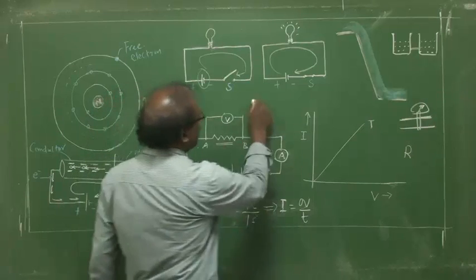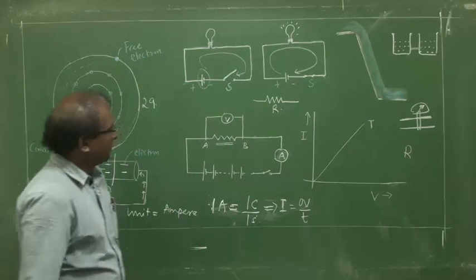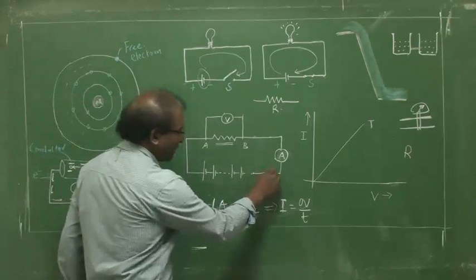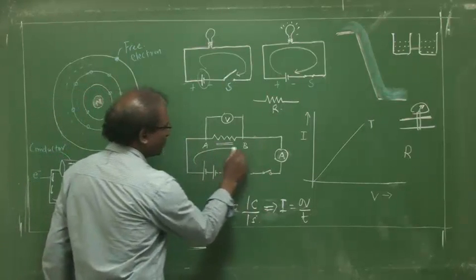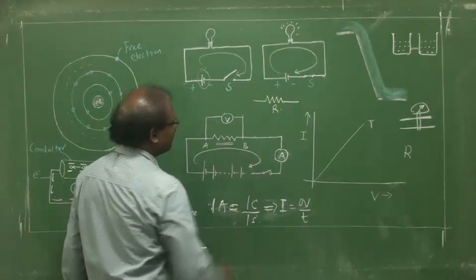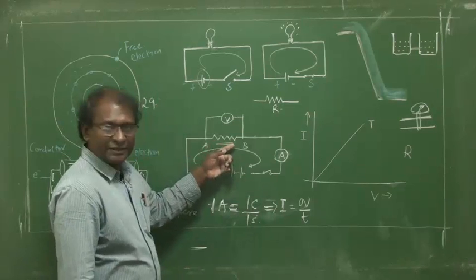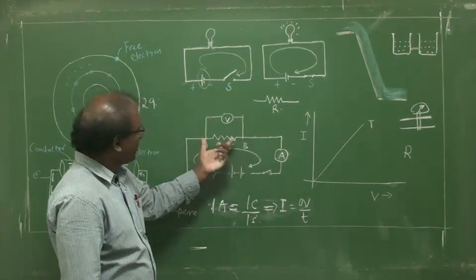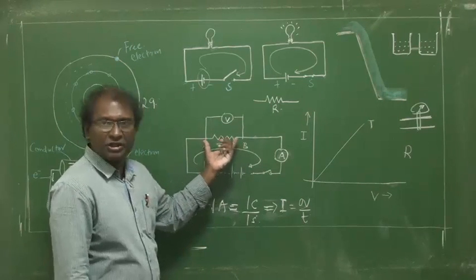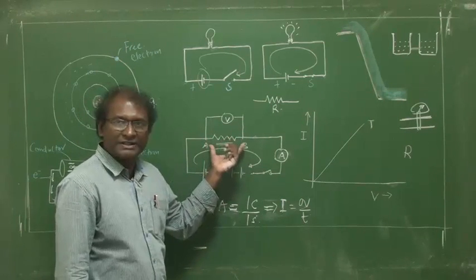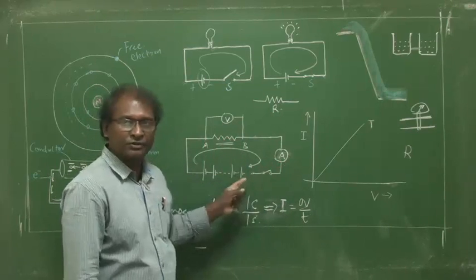It can be drawn like this, R. After closing the switch, we now understand that current flows in this circuit. As the current flows, there is a resistance. So you have a voltmeter which measures the potential difference across this resistance, and an ammeter which measures the current flowing in the circuit.